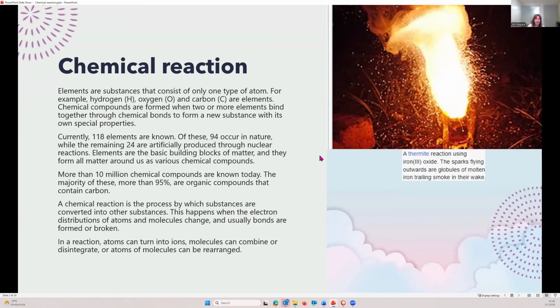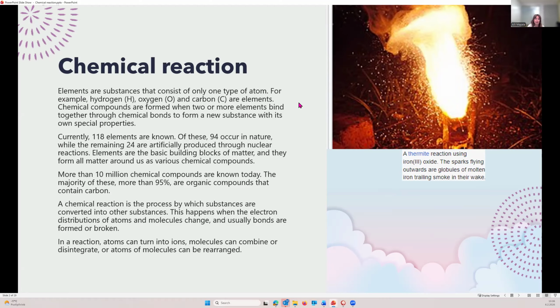Okay, so we know that elements are substances that consist of only one type of atom. And this is also something that the presentations will be about. Some kind of an element that you have chosen yourself, that you are interested in and want to tell about for the rest of us.